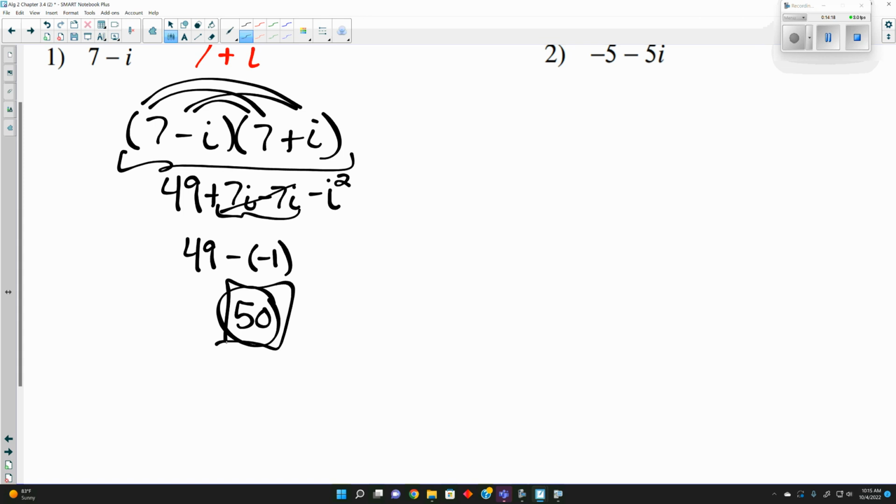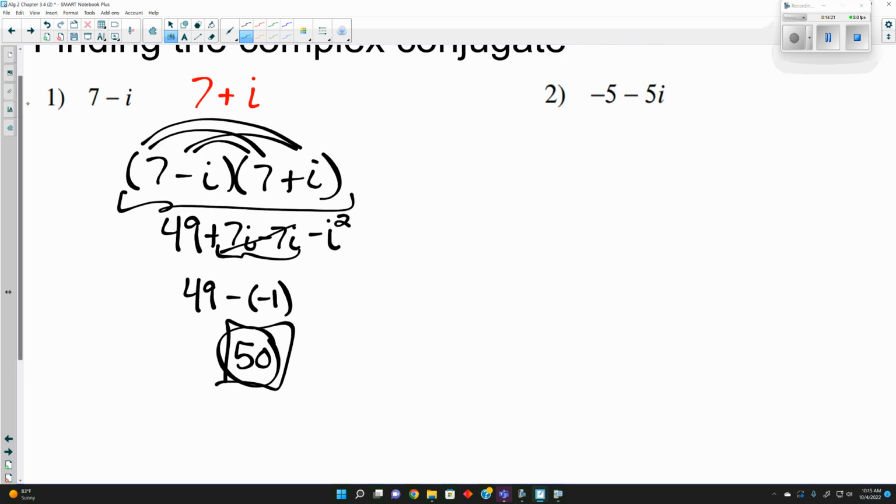All right, let's look at the next one. What's the complex conjugate of 5 minus 5i? Negative 5 plus 5i. Because we're only changing the sign in front of the term with I.